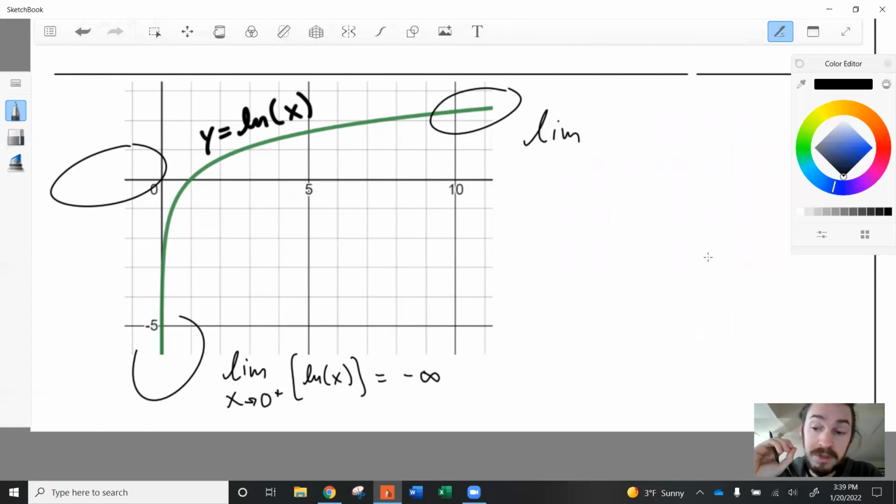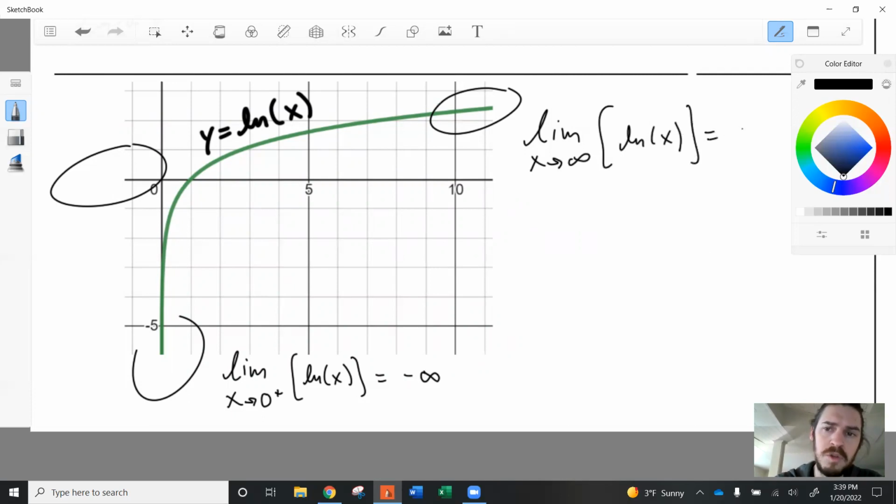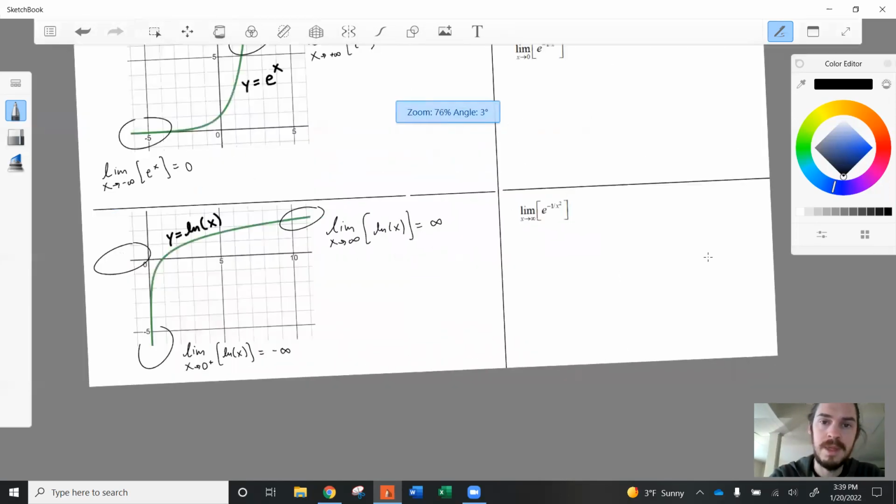So a logarithm grows very slowly. As it grows, its rate of growth decreases, but it does continue to grow. So the limit as x approaches infinity of a logarithm, in this case, the natural logarithm, still equals positive infinity. It just takes its time in getting there.